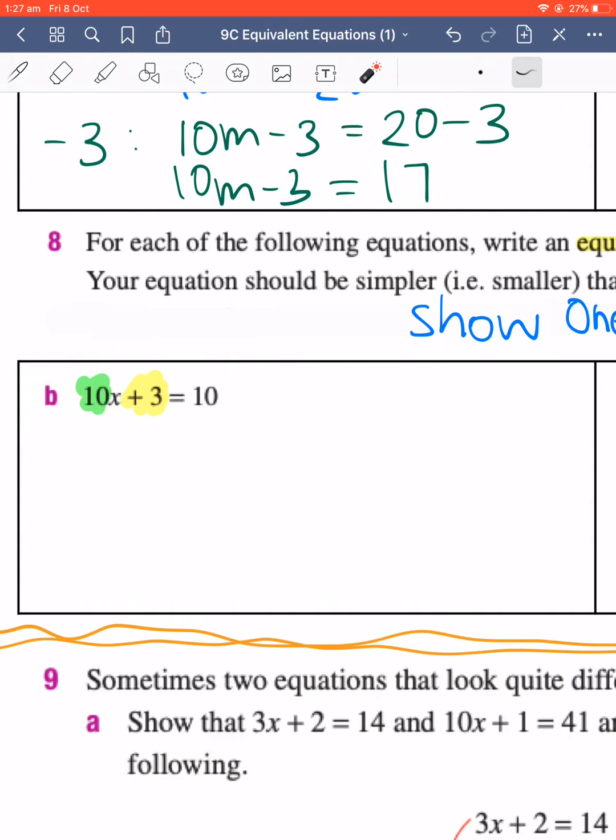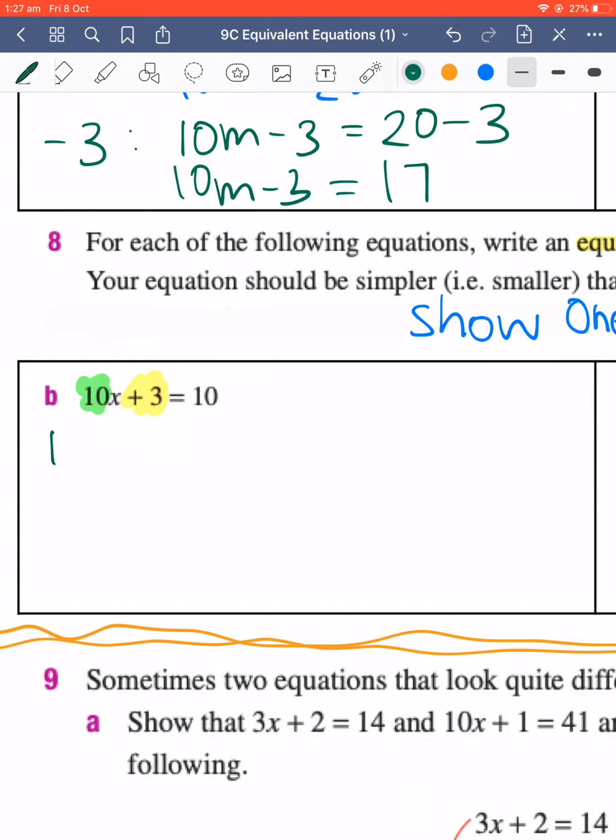So I can look at the pronumeral, or I can look at the number that is being added or subtracted. So that's not going to be as neat if I try to divide by 10 on both sides. So let's instead try to minus that 3.